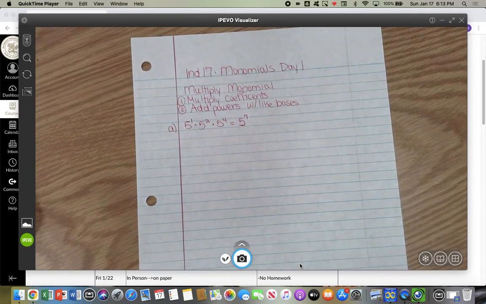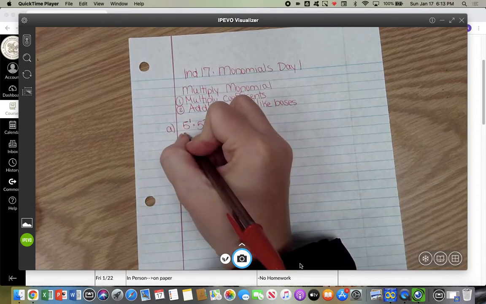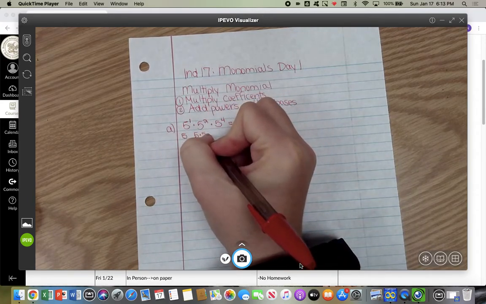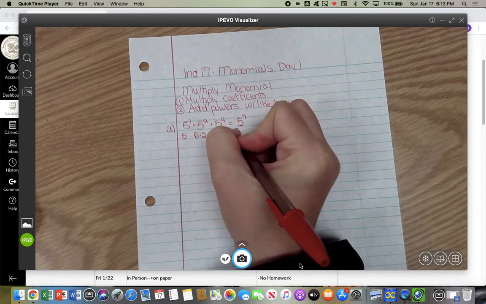And the reason why we do that is because if you wanted to expand it, 5 to the 1st just means multiply 5 one time. Now 5 squared means multiply it twice, 5 times 5. This one here, 5 to the 4th, means 5 times 5 times 5 times 5.